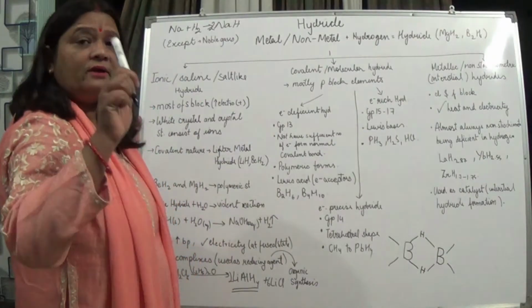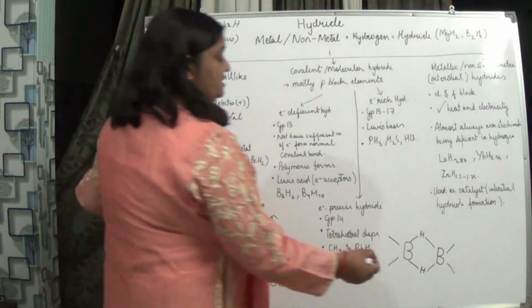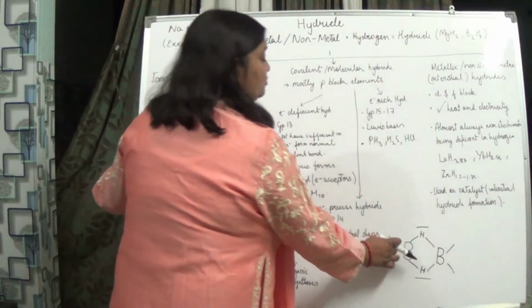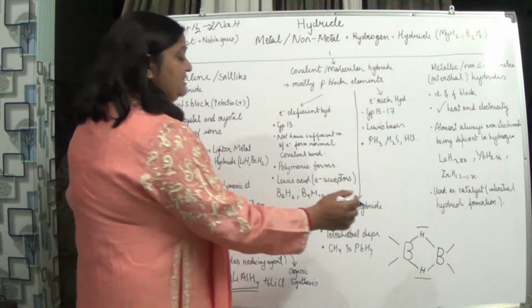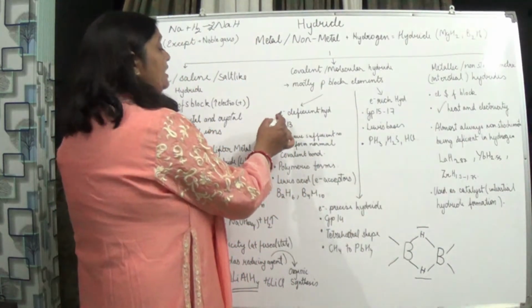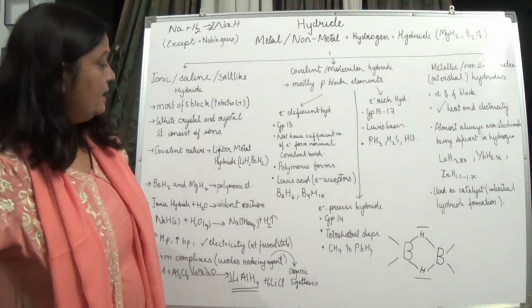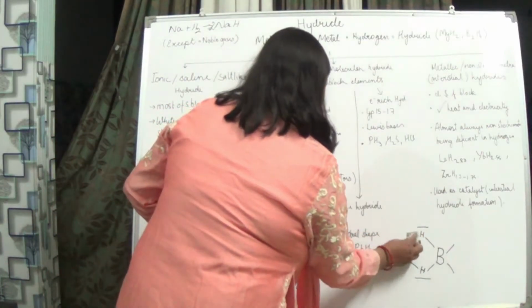We all know hydrogen has only one valence electron. Here this hydrogen is acting as a bridge between boron and boron. There is a deficiency of electrons, and as a result they form electron deficient hydrides.